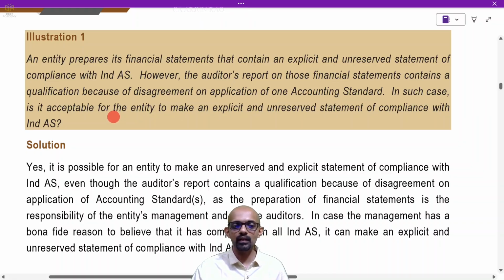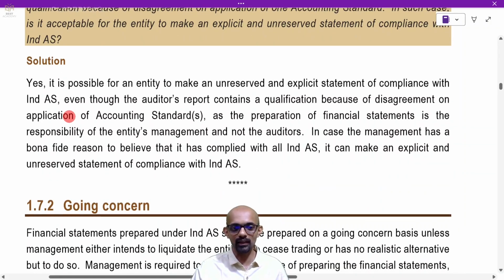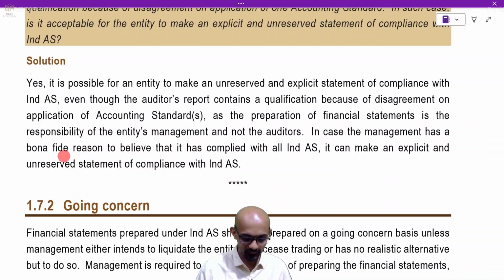In such a case, is it acceptable for the entity to make an explicit and unreserved statement of compliance? What is the answer? Yes, because that is not dependent on the auditor's report. So whether in your opinion you have applied accounting standards or not, that depends on the management, not on the auditor, right? In fact, it has to make an explicit and unreserved statement of compliance if it believes that it has followed Ind AS.